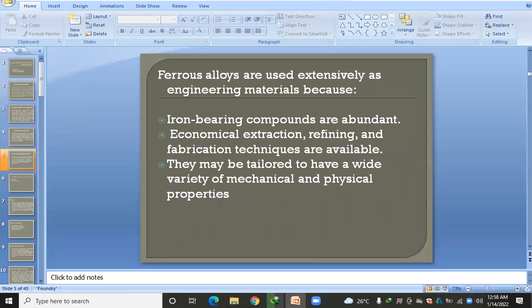So ferrous alloys are used extensively as engineering material because iron-bearing compounds are abundant. Economical extraction, refining, and fabrication techniques are available, and they may be tailored to have a wide variety of mechanical and physical properties.